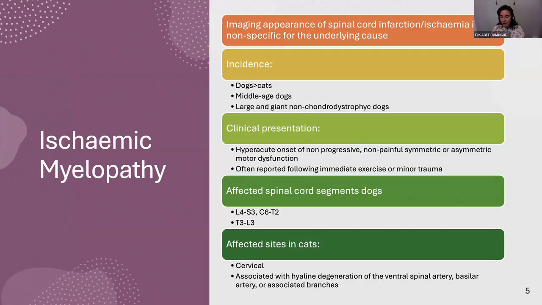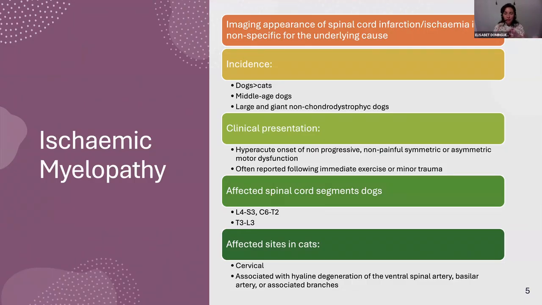Regarding ischemic myelopathy, what we know is that the changes that we can see in the spinal cord lesion are non-specific for the underlying cause of this disease. So we will see a lesion in the spinal cord, but it's not possible based only on imaging to know if that was caused by a fibrocartilaginous embolism, or if it is secondary, for example, to neoplastic emboli.